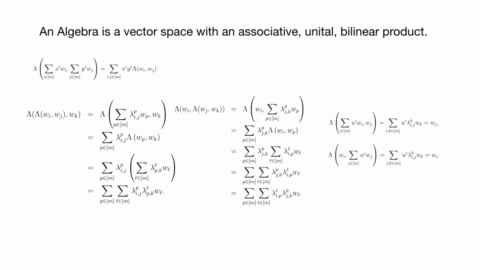An algebra is a vector space with an associative unital bilinear product, and I will not spend a whole lot of time on this slide other than saying that when we compute the associativity map in terms of the structure constants, we get that the items on the left and the items on the right are equal.